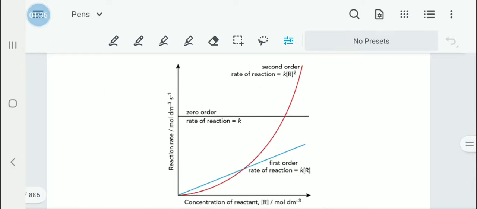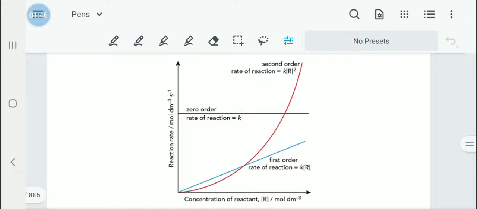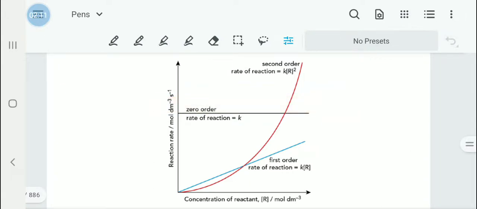Now if you draw the reaction rate, in mole per cubic decimeter per second, against the concentration of the reactant, in mole per cubic decimeter, depending on the order there are three possible curves that you can have. The first one is 0 order, a straight line that is parallel to the x-axis.